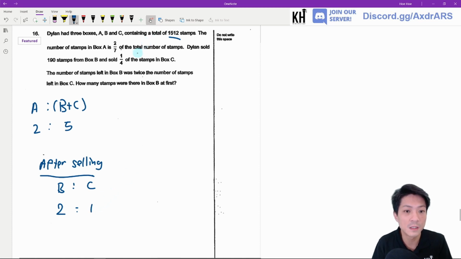Since 1/4 of the stamps in box C was sold, that means it is 3/4 left. 3/4 left is basically 3 units. So I'm gonna times 3 to this and change it to 6:3.